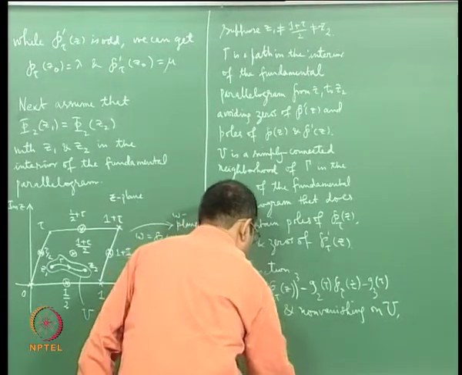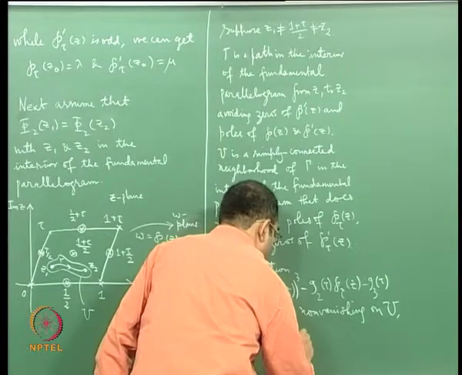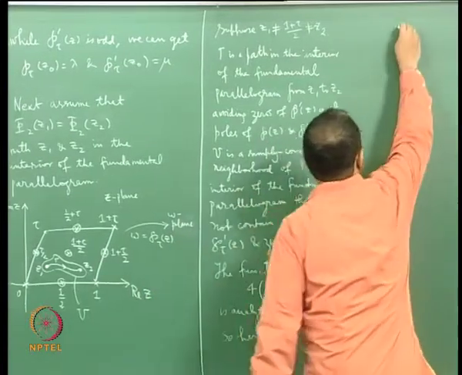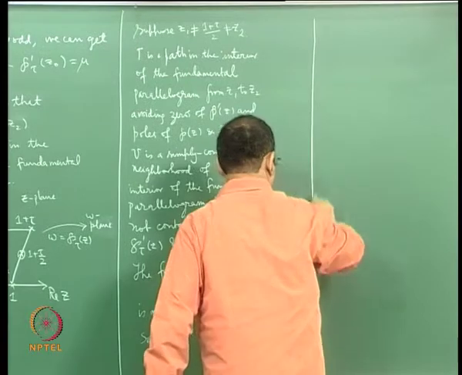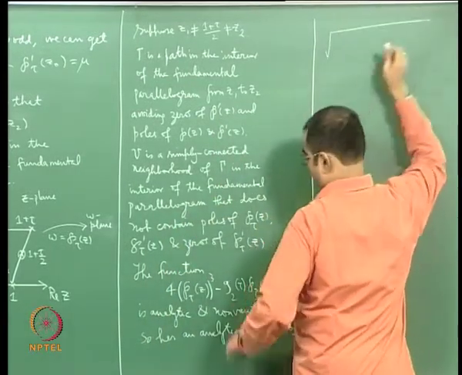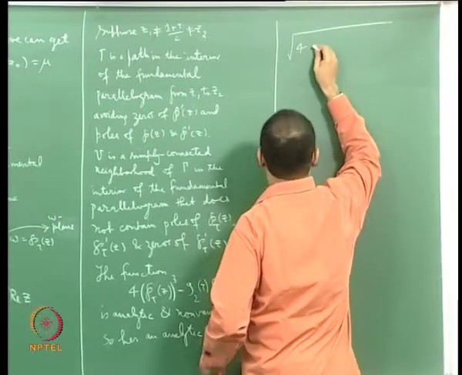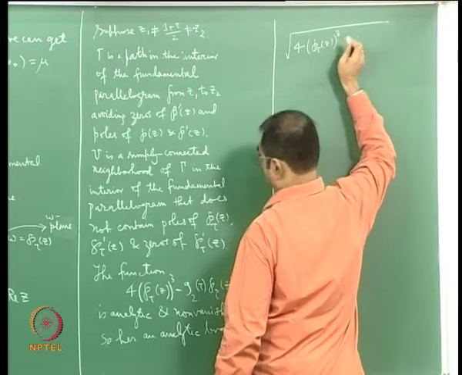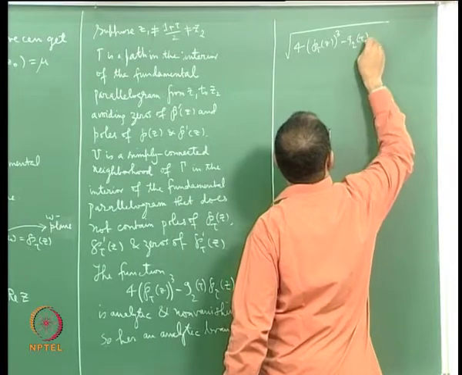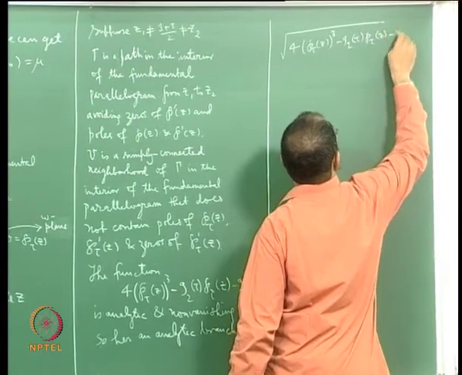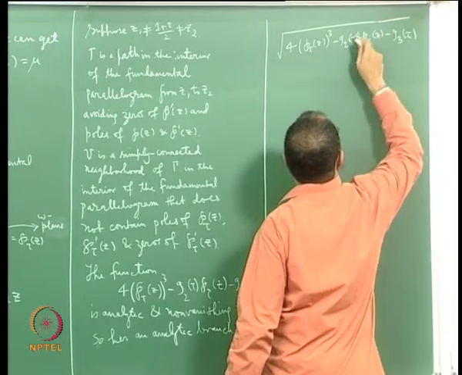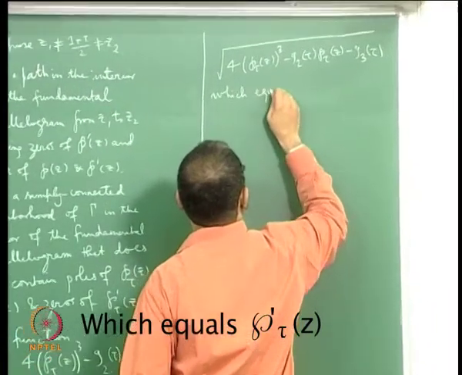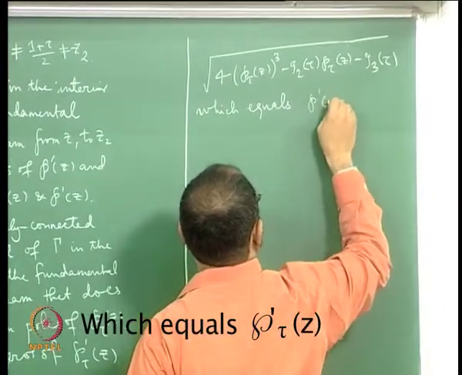So it has an analytic branch of square root of this function, which equals phi prime tau.